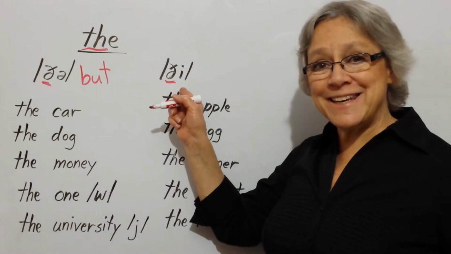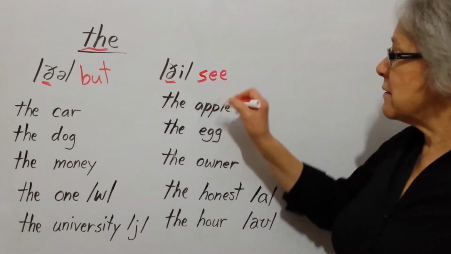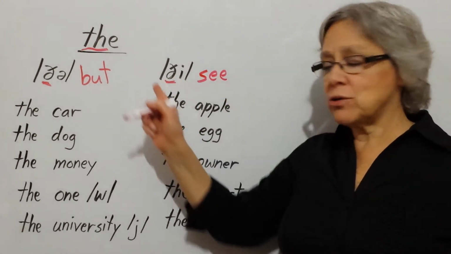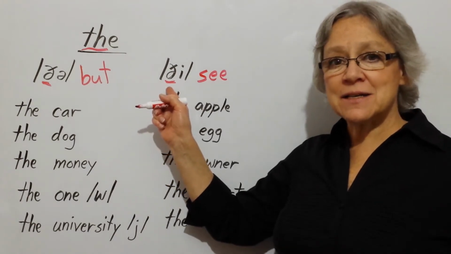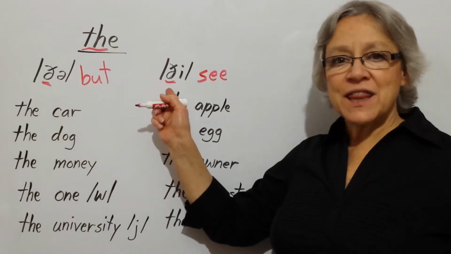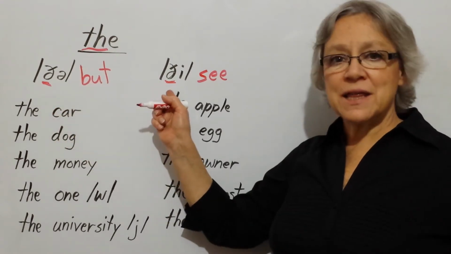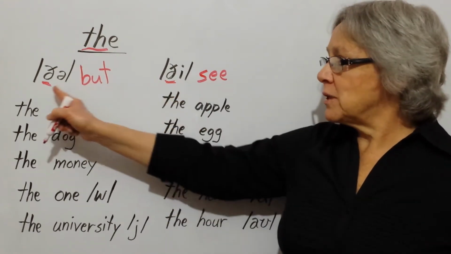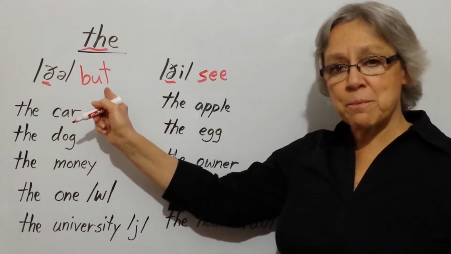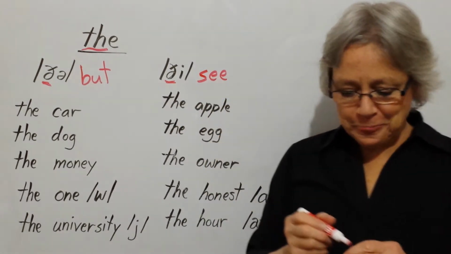The vowel sound here, the E, is the same vowel sound as in the word "see." Okay? C, E. So in this case, this word is pronounced "thee." Okay? So the TH is the same, the vowel sounds are different. The "uh" as in "but," or the "ee" as in "see." Okay.